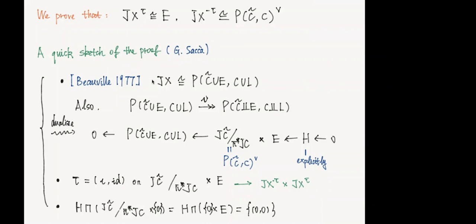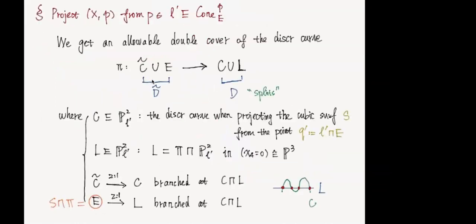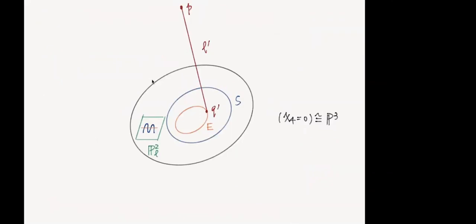Let me not go into details. The key ingredient is a description of this Prym variety due to Beauville. Anyway, here my discriminant quintic splits, and I can see the invariant and anti-invariant parts from these two components.